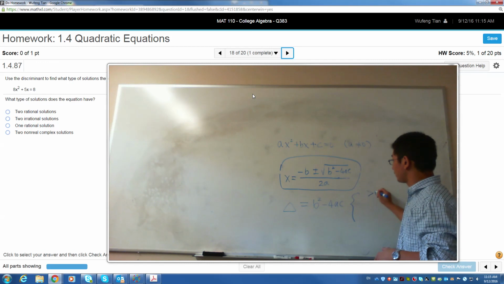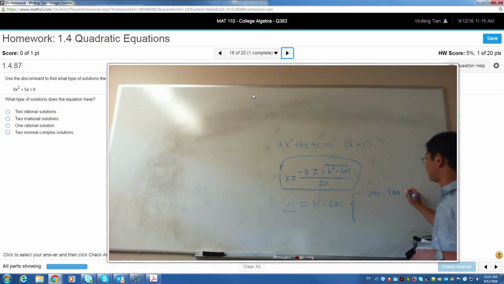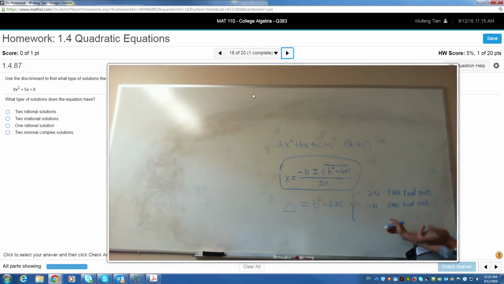If it's positive, two real roots. If it's equal to 0, one real root, or two same roots, or one rational root. It means exactly the same, but some problems say it in a different way.